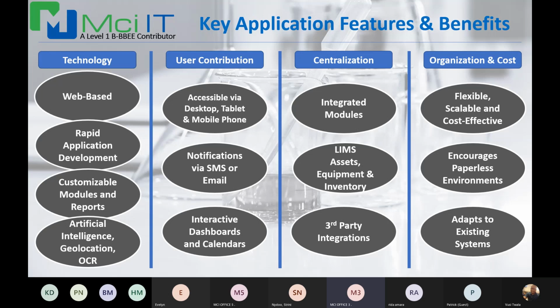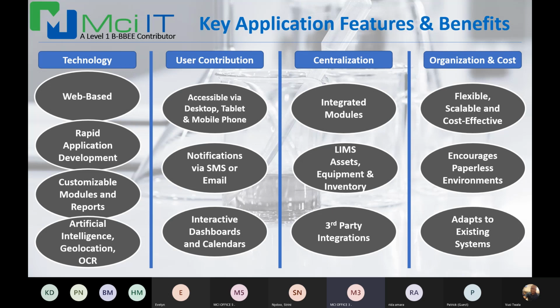In terms of centralization, although we have these separate modules, it's still all one application, so they are integrated. Segregated systems are again one of the larger contributing factors to organizations not benefiting from the systems that they have. It's because they have different systems in which they, for instance, manage quality as opposed to their assets, and then in the case of laboratories, a system that they use to manage the laboratory.